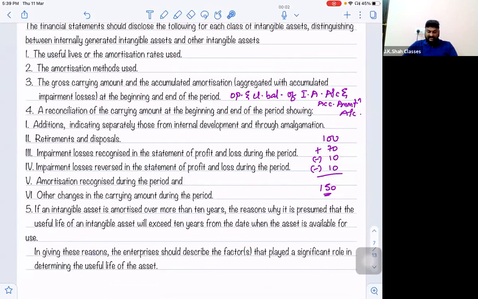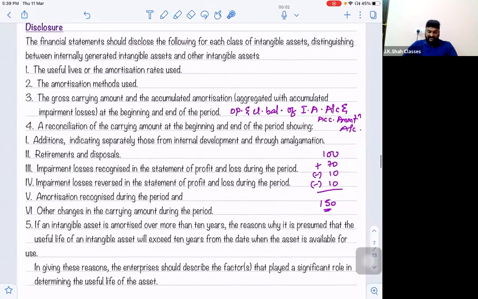In giving these reasons, the enterprise should describe the factors that played a significant role in determining the useful life of the asset. So on what grounds or basis you say that the life is greater than 10 years is what you have to disclose in the notes to accounts.